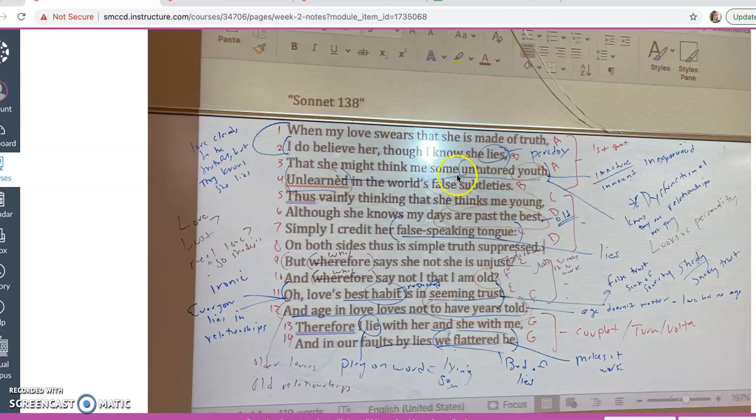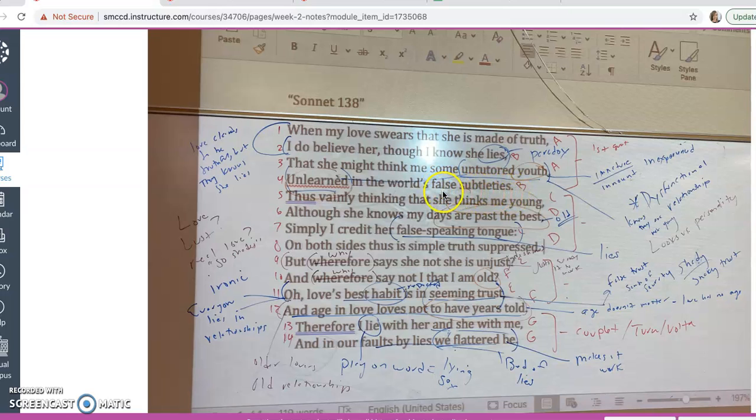That she might think me some untutored youth, unlearned in the world's false subtleties. Essentially, untutored youth means young, but also not very knowledgeable, not very experienced, maybe innocent. So she thinks that he's innocent and in that way inexperienced in the world's false subtleties.